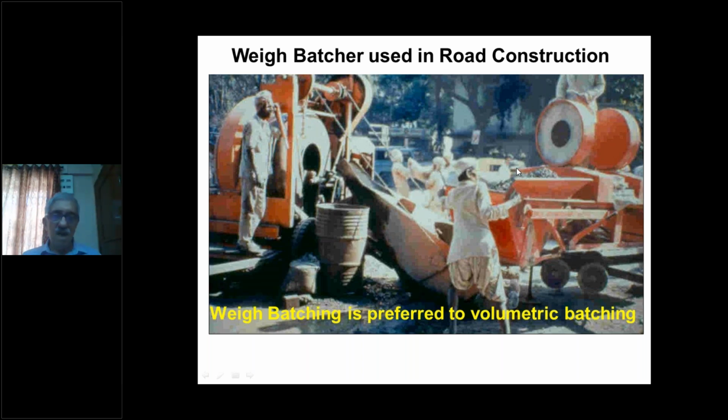But with every bang of the material going onto the hopper, there were chances in those days that the knife edge of the weighing equipment would get damaged and the weighing equipment therefore needed repeated calibrations.